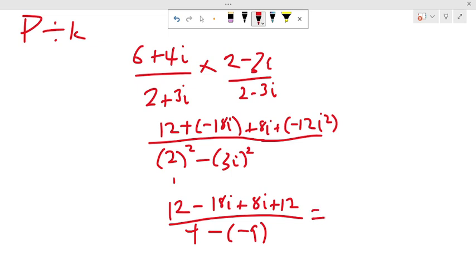Then we get our final answer to be 24 minus 10i divided by 4 plus 9, which is 13. Then we get this to be our final answer.